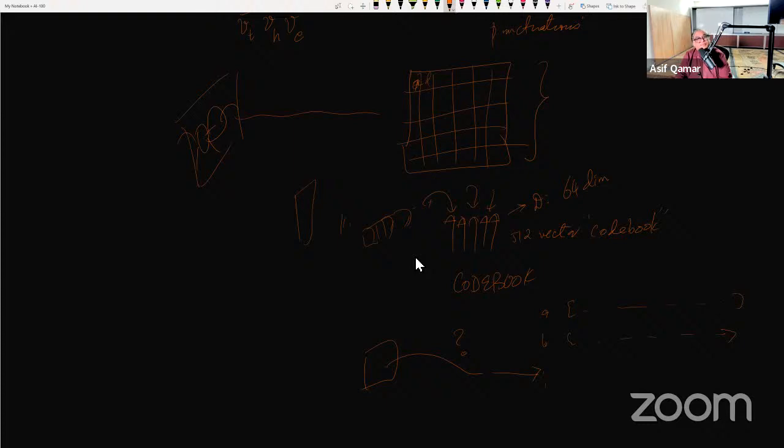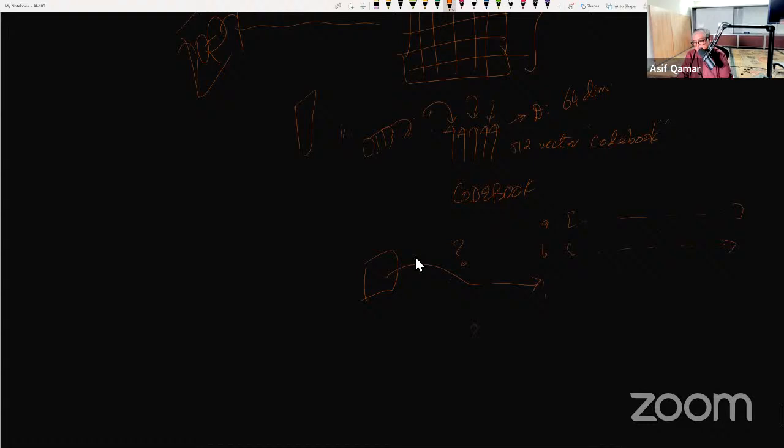The way it goes is the encoder will produce a function of x. It will produce an embedding vector, let me call it v. Now what you say is that I'm not going to look at v.